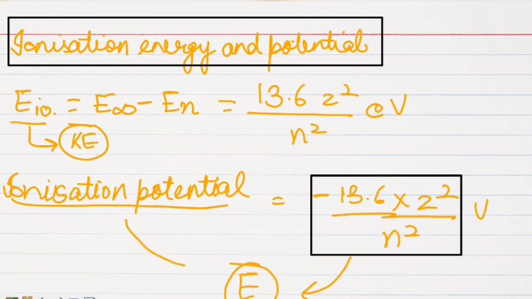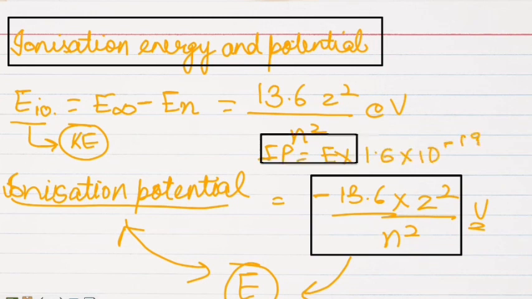So can we not say that the potential and energy are linked, like the ionization potential is equal to energy divided by charge, since it is volt and there it was electron volt, so we can say 1.6 multiplied by 10 to the power minus 19. This also we can say, because this is what we have seen from the observation.